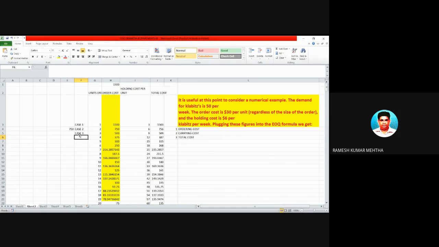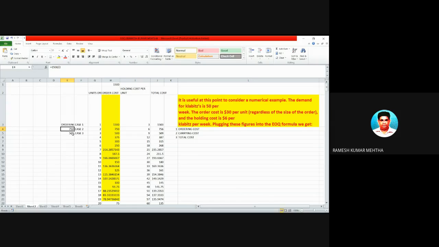This is the way the calculations are done. Now case 3, I am not ordering 1, neither 2, but I am ordering 3 units at a time. So the total cost is 1500 as already told. But how many I am ordering at a time? 3. So this is the ordering cost per unit.